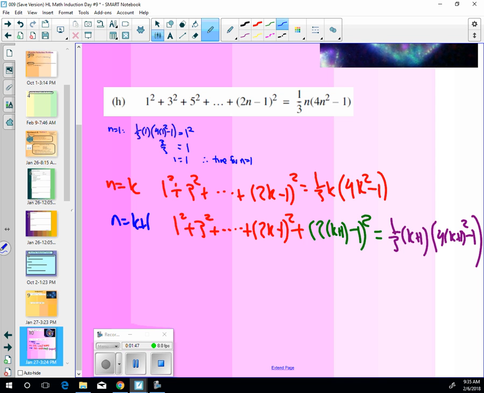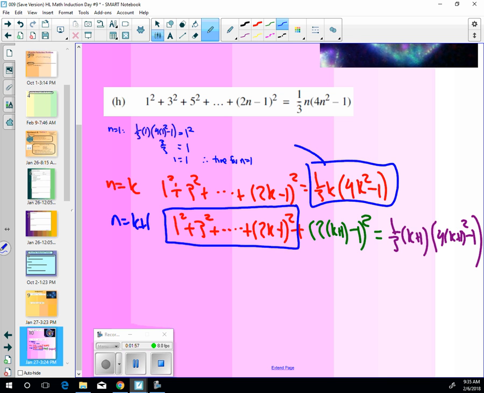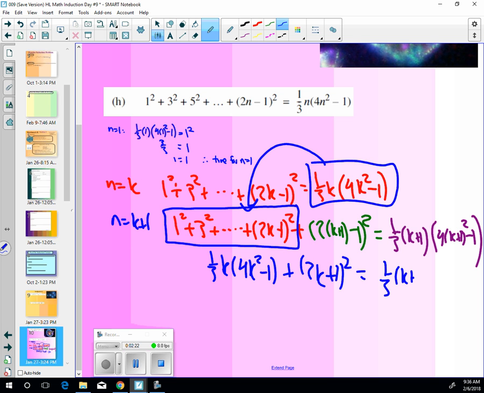So then what I would do with this part is I would replace this with what? This thing. Yeah, that's what I would do. Just replace that. So this is 1/3 k times 4k squared minus 1 plus, let's see, what happened here? Oh, 2k plus 2 minus 1 is 2k plus 1 squared equals 1/3 k plus 1.